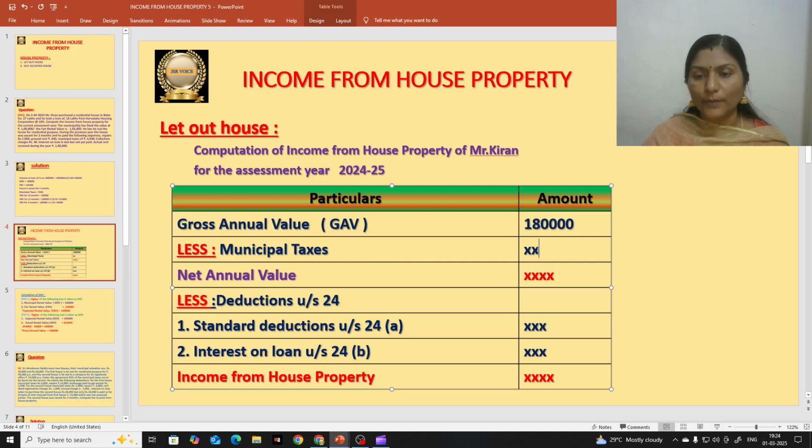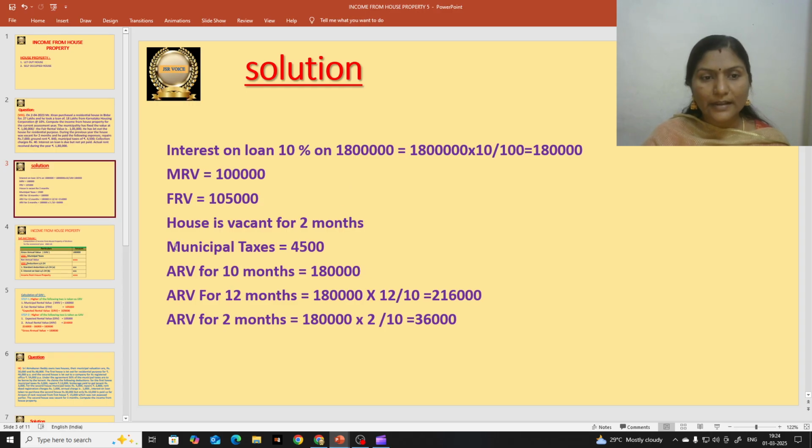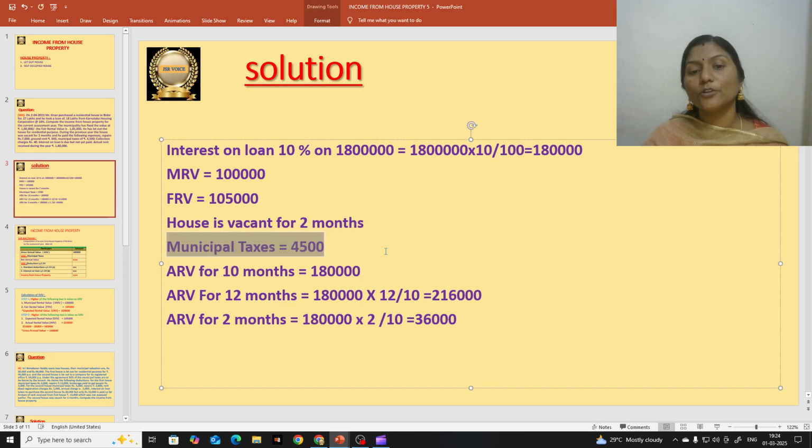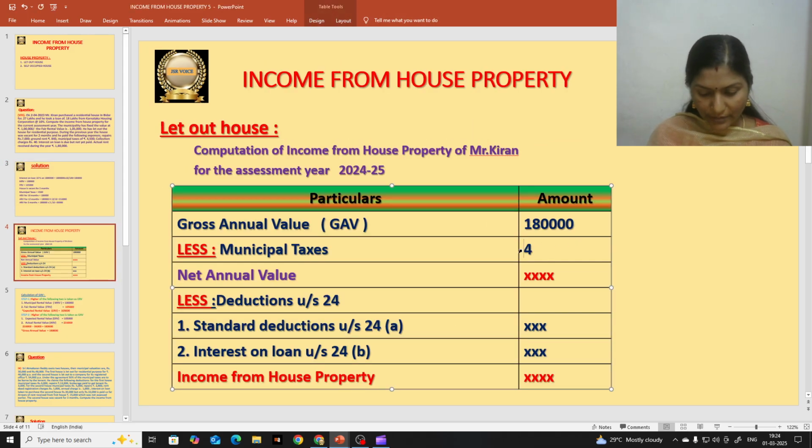Let us go to municipal taxes. Already we have taken municipal taxes here. So municipal taxes, how much, students? It is 4,500. Let us record in the format 4,500 and deduct these municipal taxes from gross annual value. How much will we get? 1,80,000 minus 4,500, you will get 1,75,500.